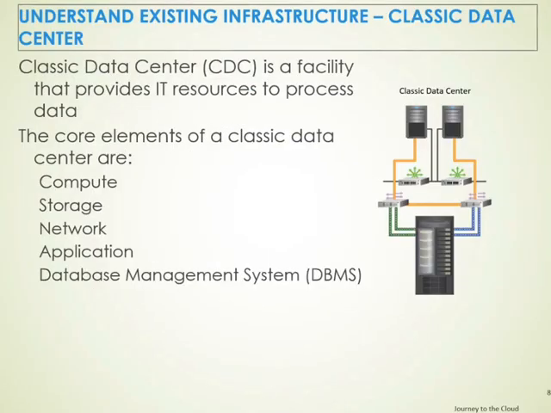So, understand existing infrastructure, that is the classical data center. A classical data center is a facility that enables IT resources to process data. The core elements of a classical data center are compute, storage, network, application, and database management system. One by one, let us see these. First is application.